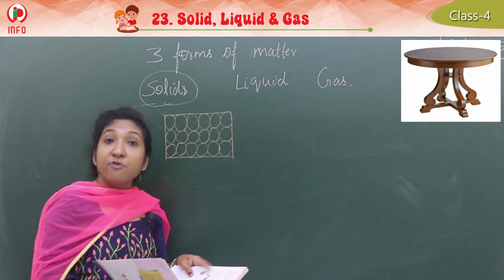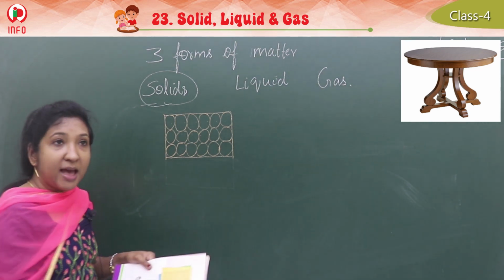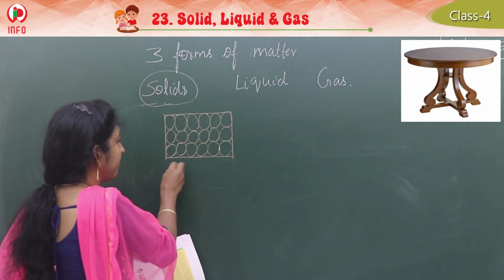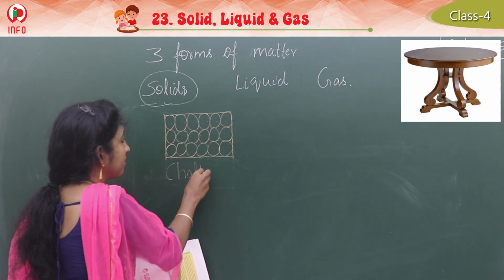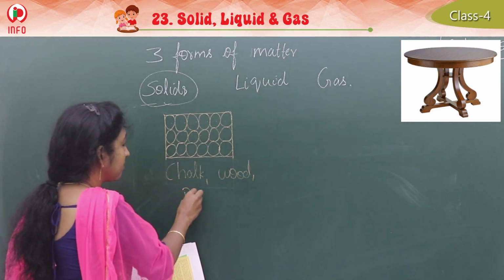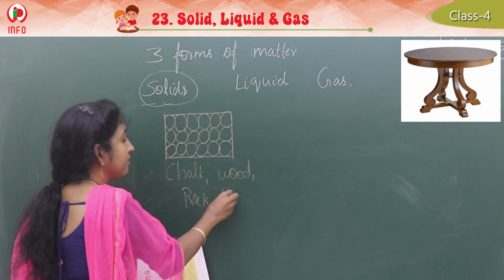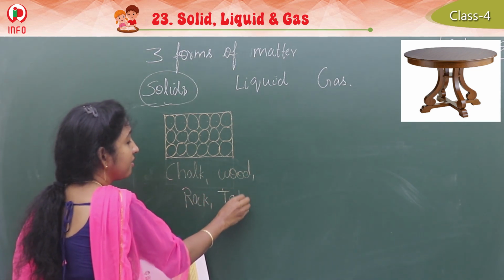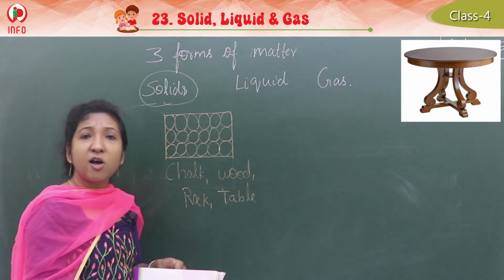Therefore, they have a definite shape and volume. Examples: this chalk is an example. Then wood, rock, table. These are all examples of solids. Chair.